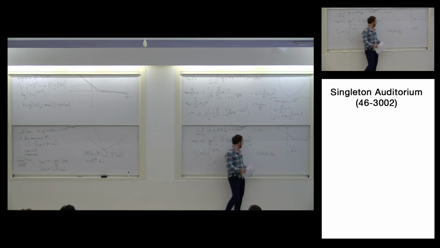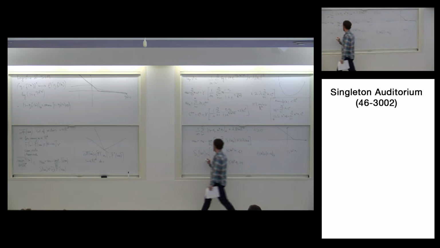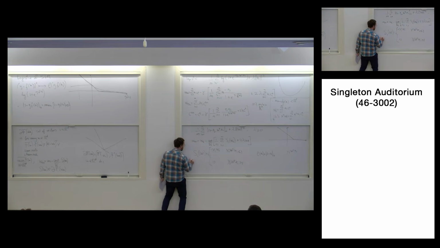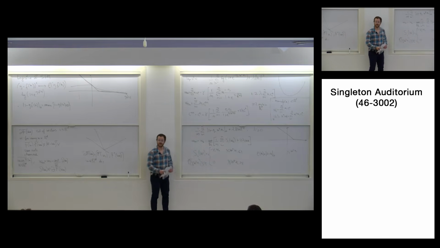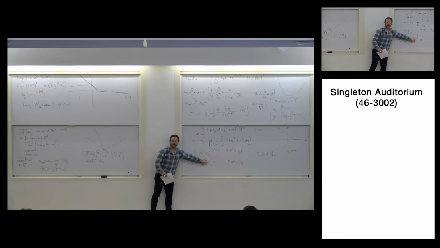So this thing here is essentially the left derivative of the loss, multiplied by what we get by the chain rule, minus yi xi. Is that okay?